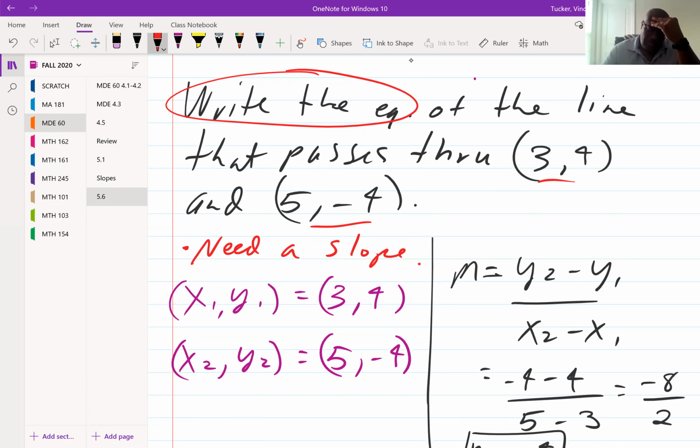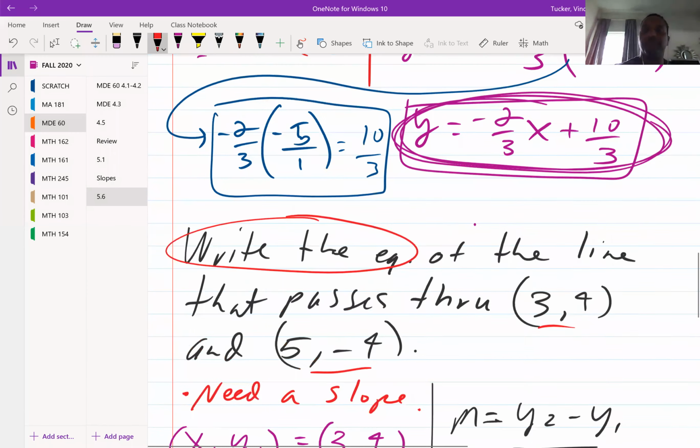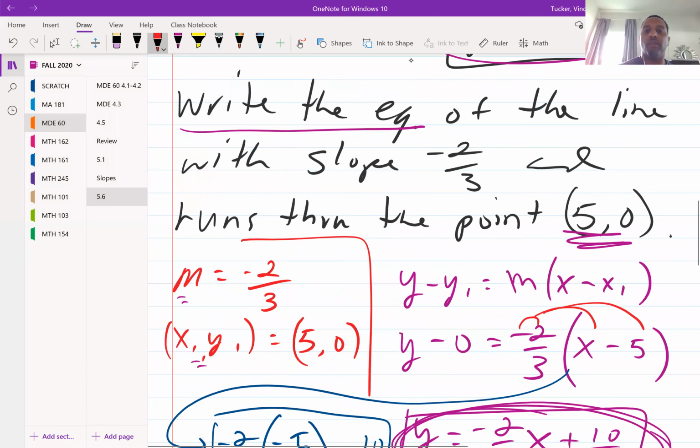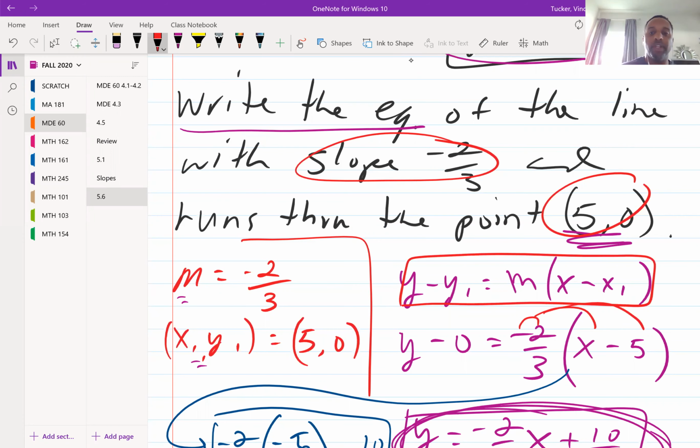Okay. And so in the previous one, we were given a slope and a point, so we used the point slope formula. That's the formula I initially gave you. That's why it's called the point slope formula, because if you have a point and a slope, you can use that formula.